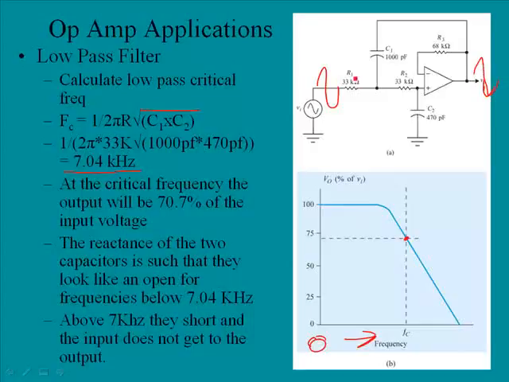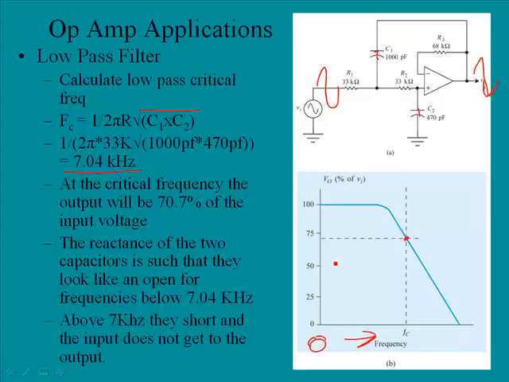When this gets to a sufficiently high frequency, in this case 7K, these capacitors will begin to conduct. They'll begin to look like a short, and instead of getting to the op amp, the signal has an alternate path to ground, so there won't be much passage of signal. And this capacitor will begin to short, so the feedback loop will begin to look like a straight short, and there won't be much amplification there.